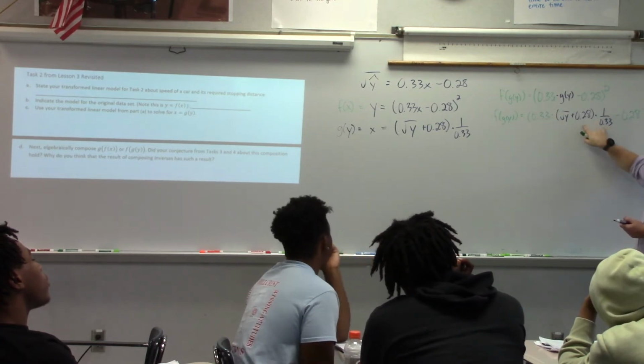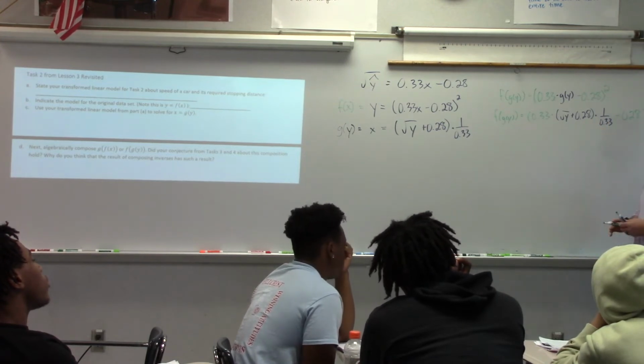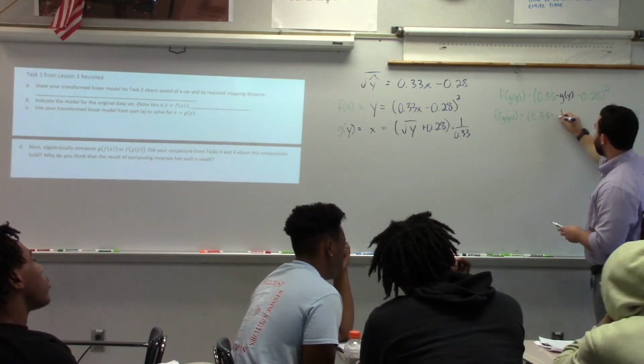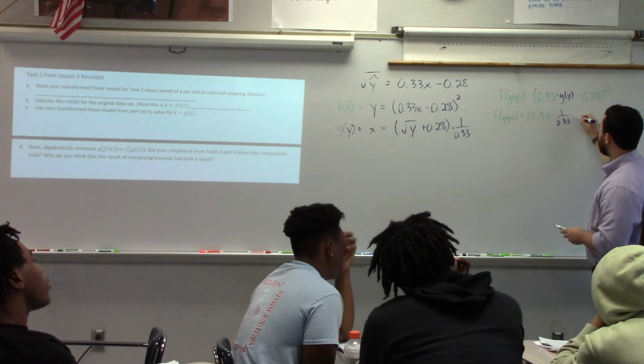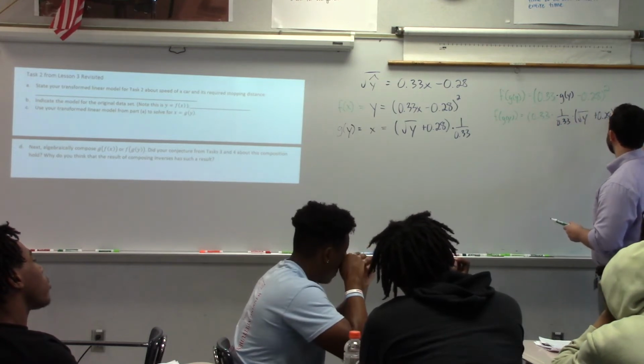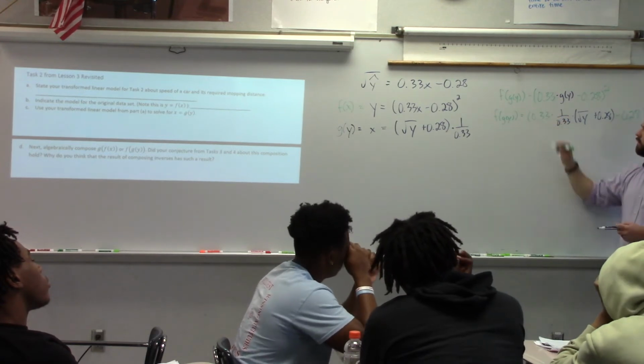So really what you could do is switch the order here, which might make it easier to see. When you multiply, the order can be switched. So you could rewrite that as 1 divided by 0.33 times the square root of y plus 0.28. Now it's very clear with 0.33 divided by 0.33.